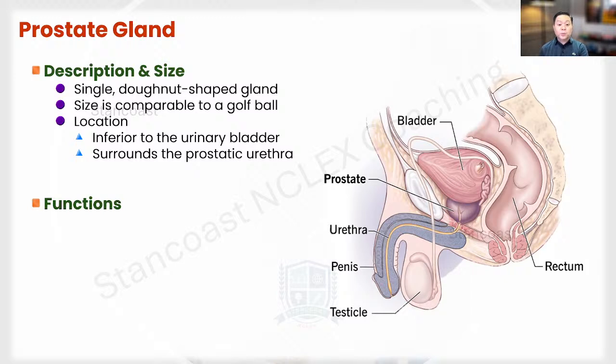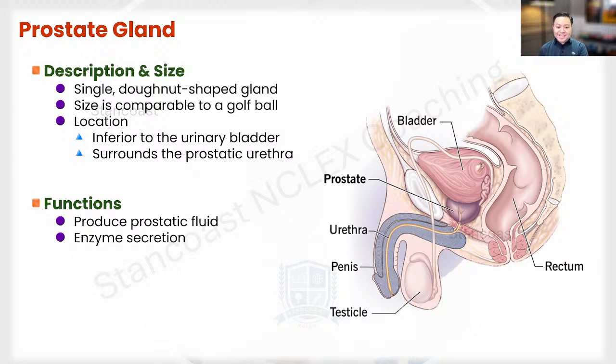This fluid helps nourish and transport sperm, and its alkalinity can help to neutralize the acidic environment of the vagina, and therefore it can also protect the sperm and enhance their motility.